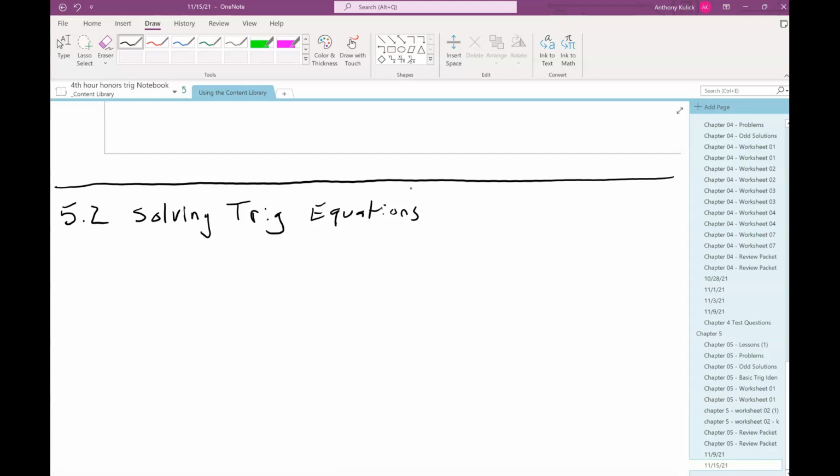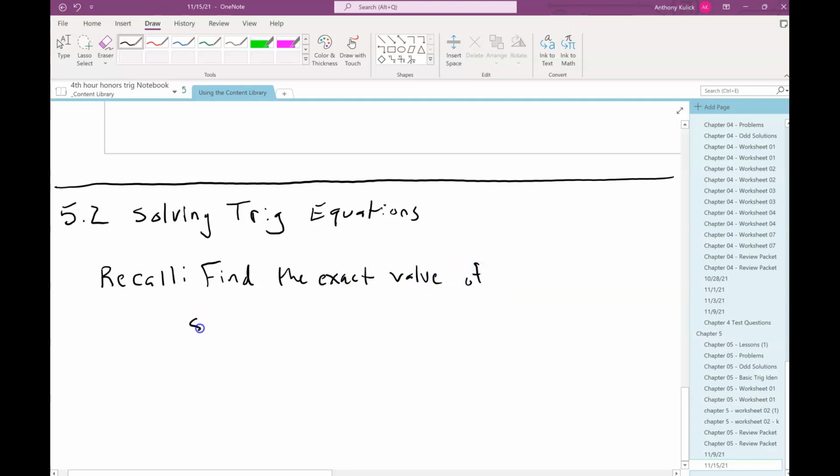So today, we're going to talk about solving trig equations. So last time, or in the last chapter, I should say, we asked you to do things like find the exact value of sine inverse of 1/2, right?